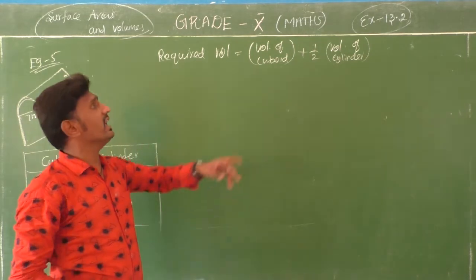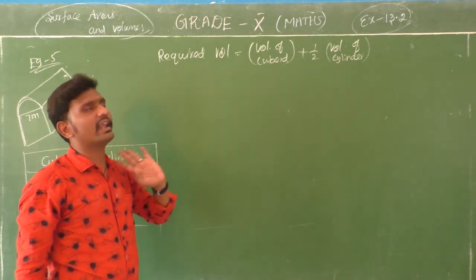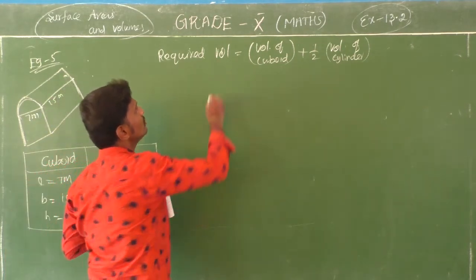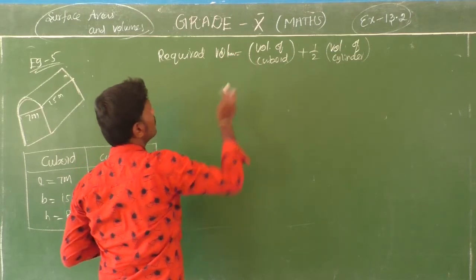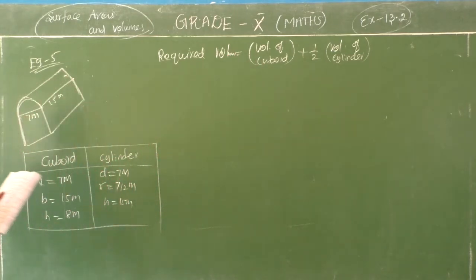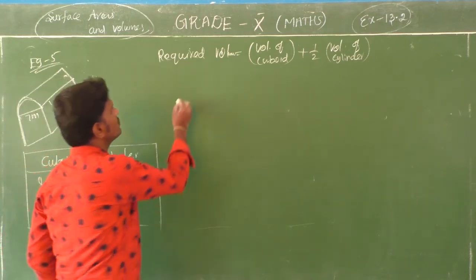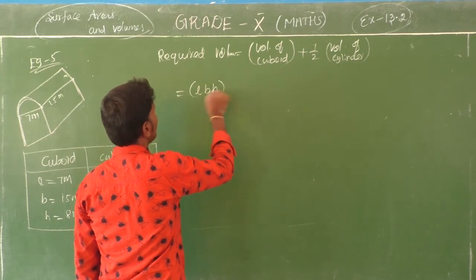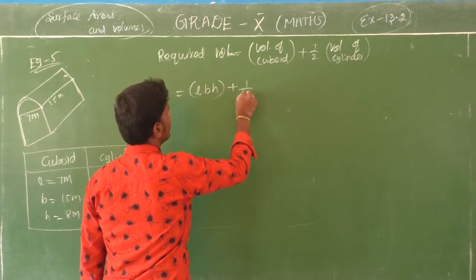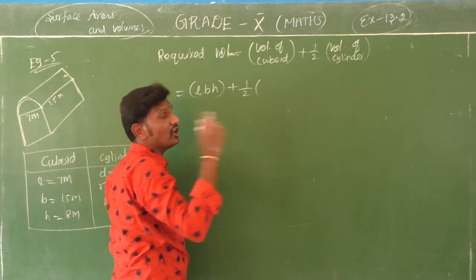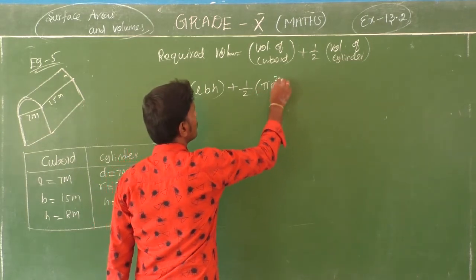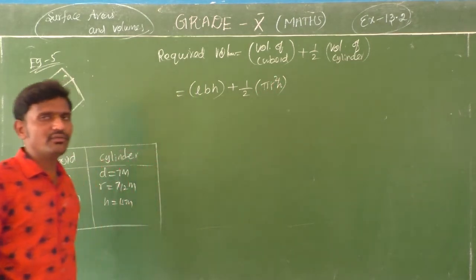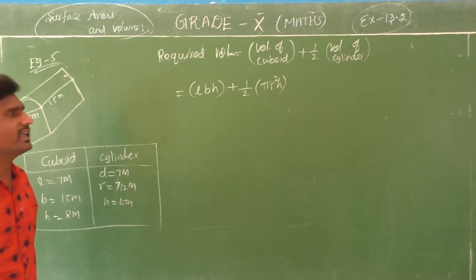Now I am going to substitute. What is the formula? Volume of cuboid is length into breadth into height, plus half into volume of cylinder, which is pi r square h. Half of the cylinder, that is half into pi r square h.